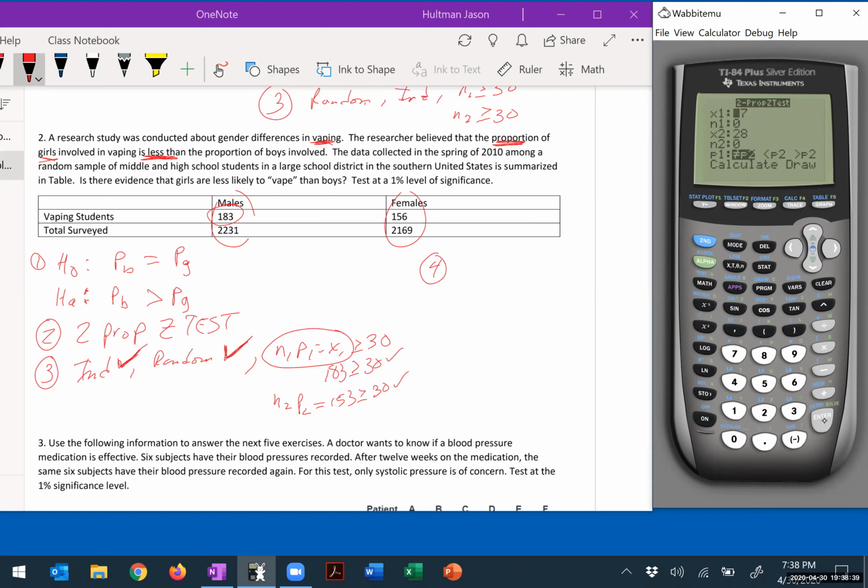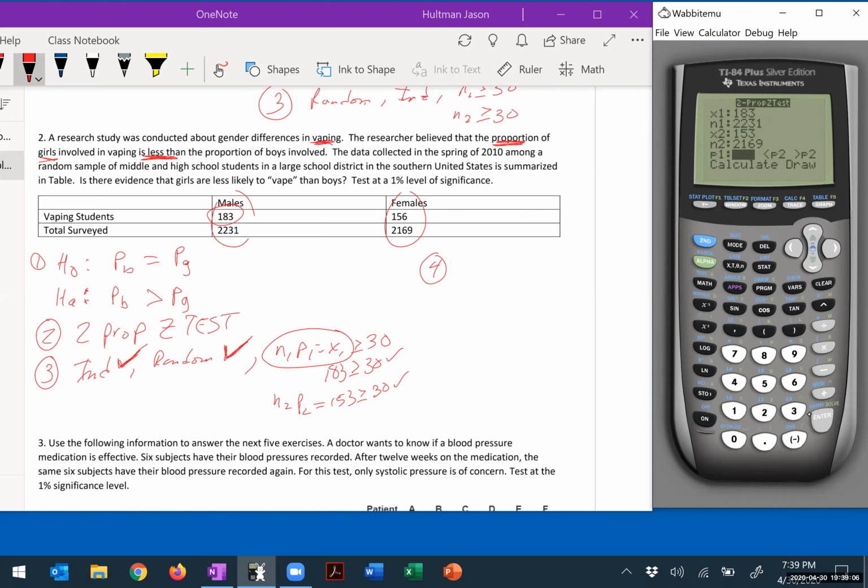So here, what's x1? x1 is 183 for the boys, out of 2231 total boys. What about x2? That's 153 girls, out of 2169 girls. And what do I want to know?